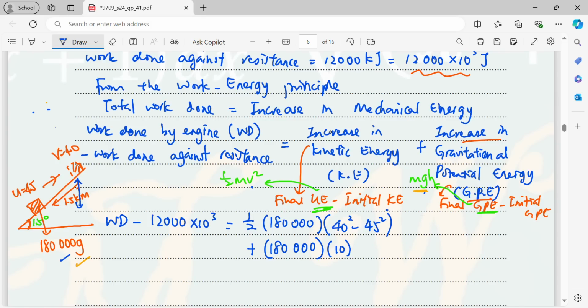I know that this length is 1.5 kilometer, and here is 1.5 degrees. That means this is also 1.5 degrees. So when you need to find out the h, you refer to the diagram, this 1.5.